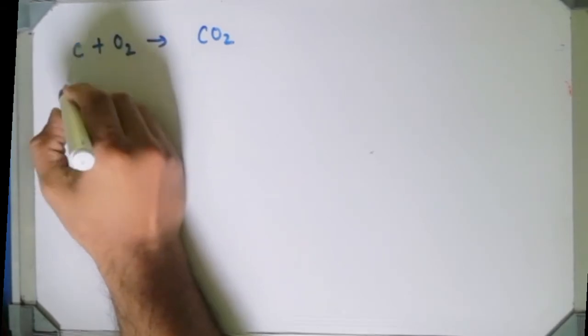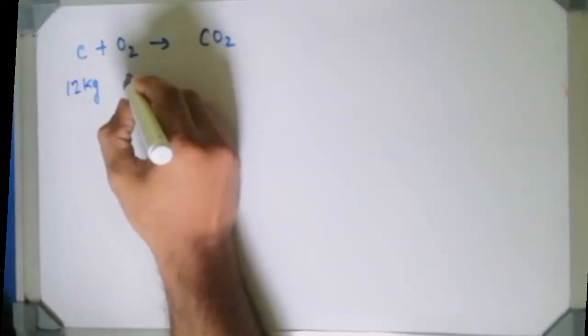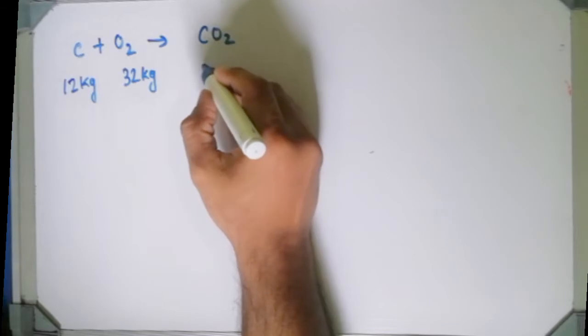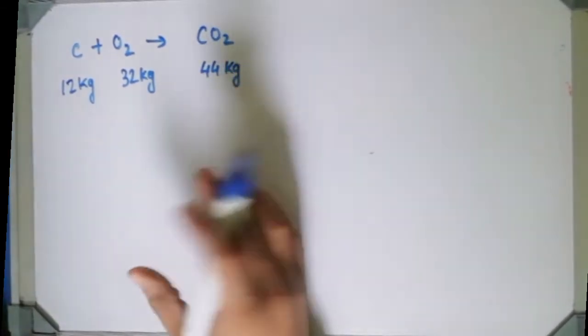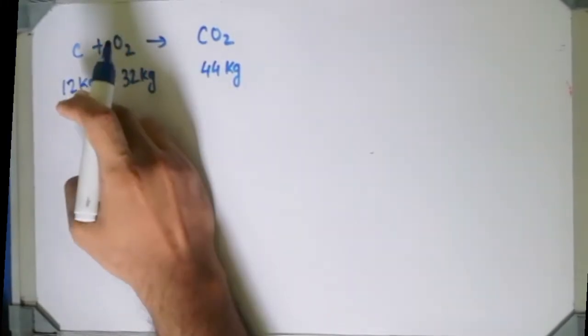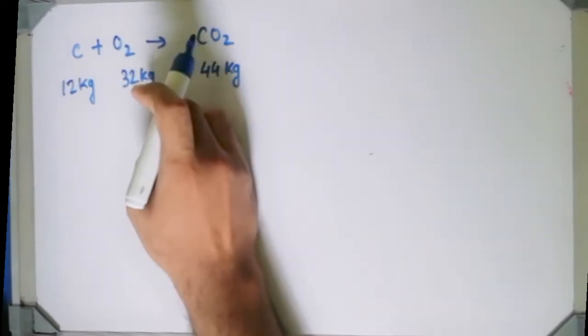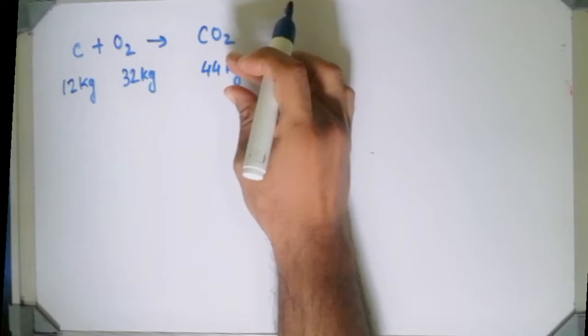Like C, if I consider 12 kg, then oxygen will be 32 kg, and accordingly carbon dioxide will be 44 kg. Carbon atomic mass 12, oxygen atomic mass 16, so molecular mass will be 32. Carbon and oxygen, just couple them. So 12 plus 32, 44 will be there.